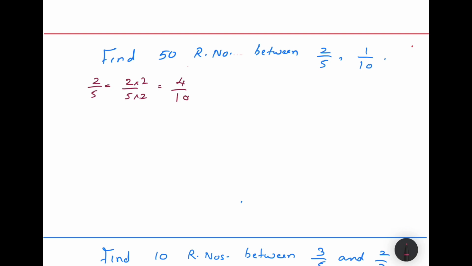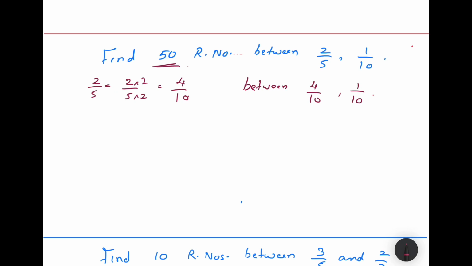So now you have to find numbers between 4 by 10 and 1 by 10. But again, if you need 50 rational numbers, between 1 and 4 you have 2 and 3 only.